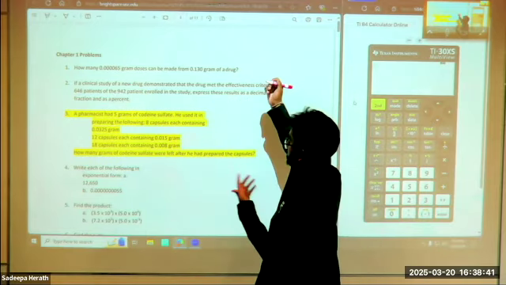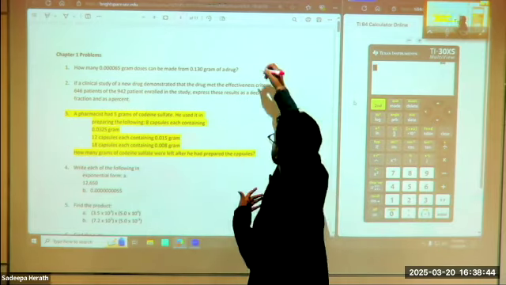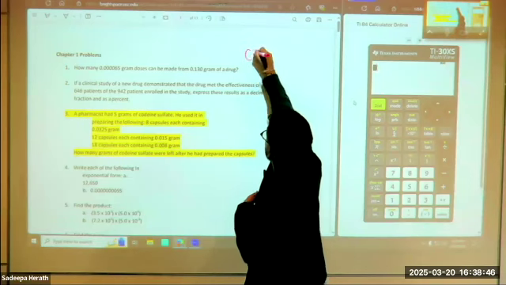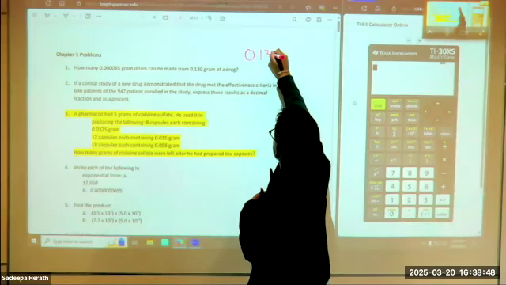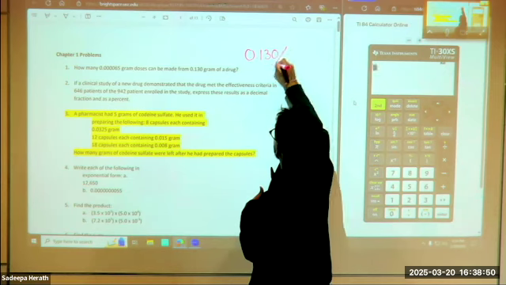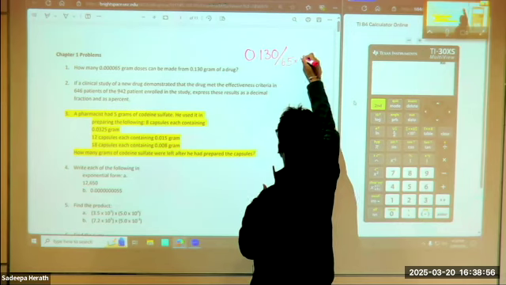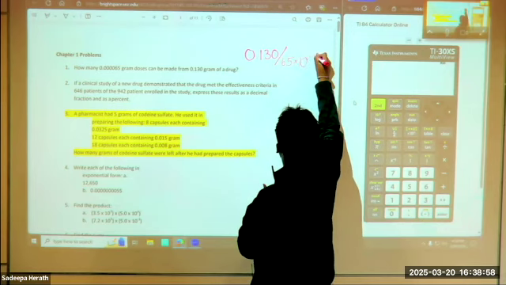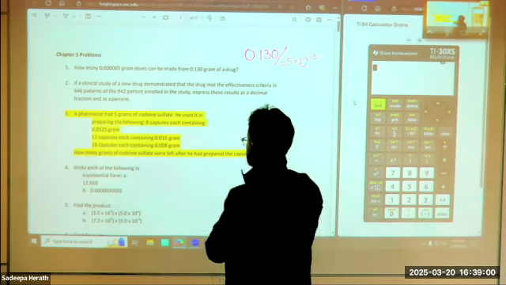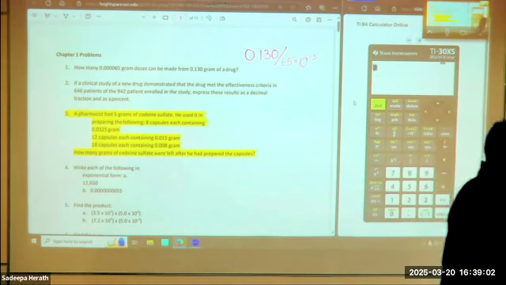It's pretty simple. So 0.130 divided by 6.5 times 10 to the negative 5. You can double check that for me.